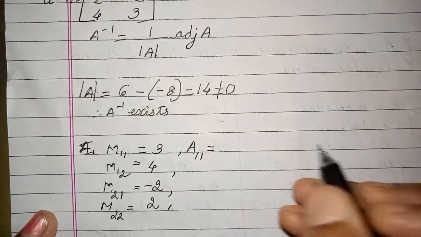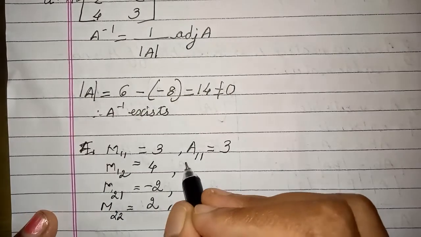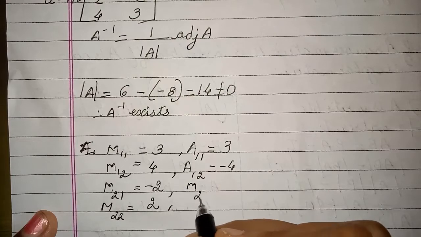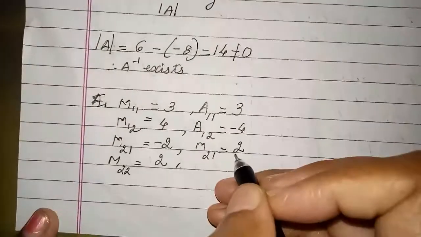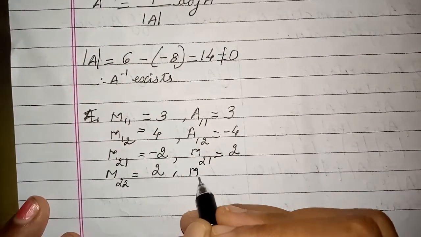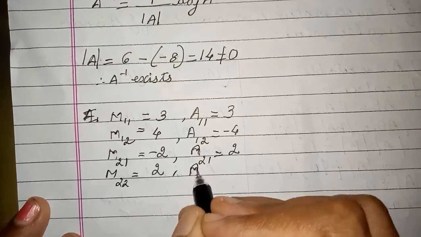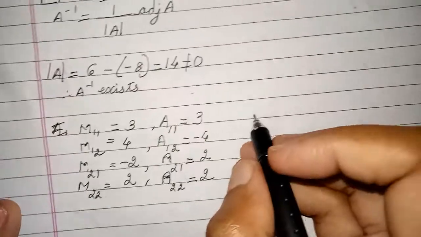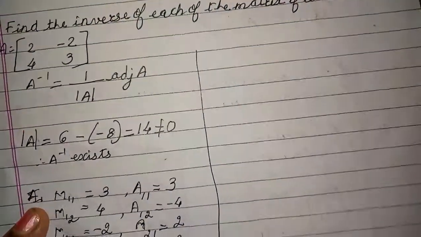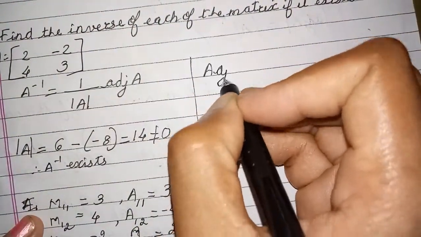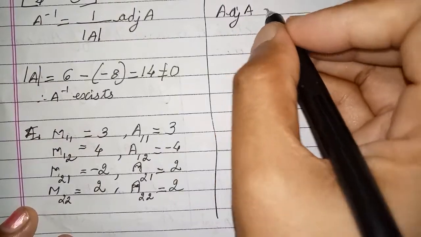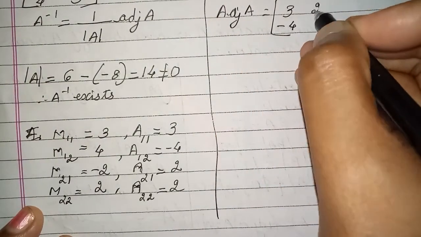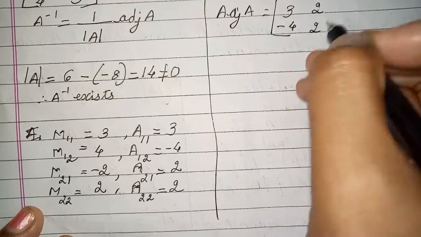A11, position, you know, children. Positive. Position is negative. Position is negative. So sign will change. Position is positive. Yes. Now what will be the adjoint of this matrix? Adjoint of A, you know: A11, A12, A21, A22.